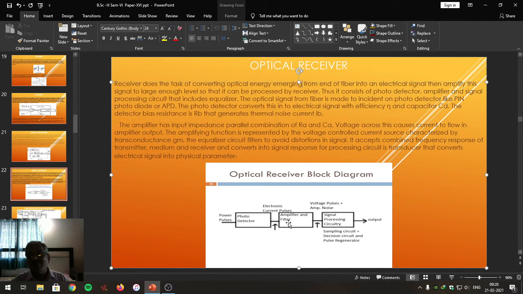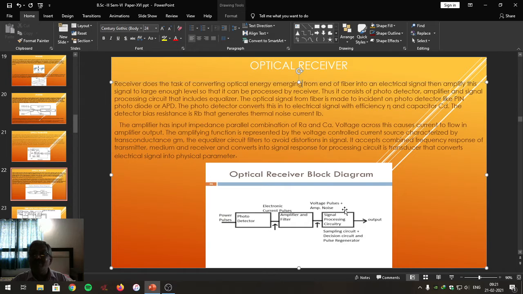Especially by using the LM386, one can design the amplifier. Then the noise level is reduced, and it is given to the processing circuit.